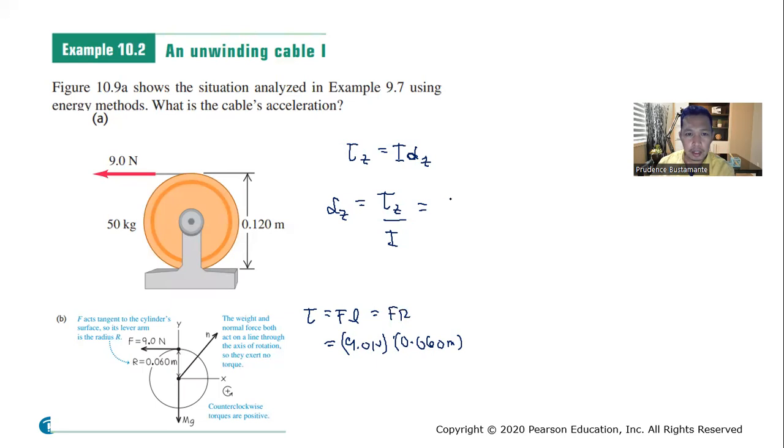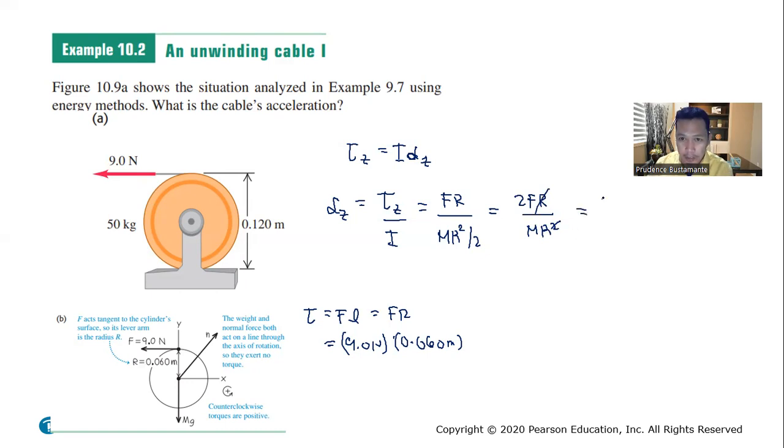Okay, here the torque is FR, and the moment of inertia is equal to M, for this particular cylinder, R squared over 2. So we have 2FR over M R squared, meaning you can cancel this one.